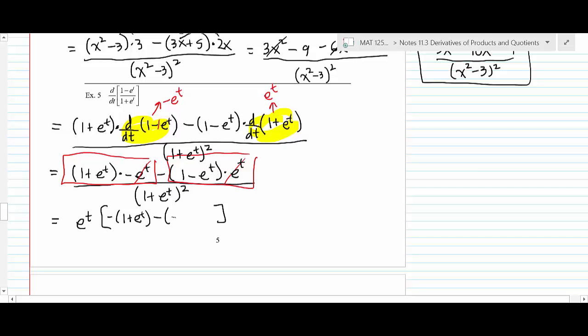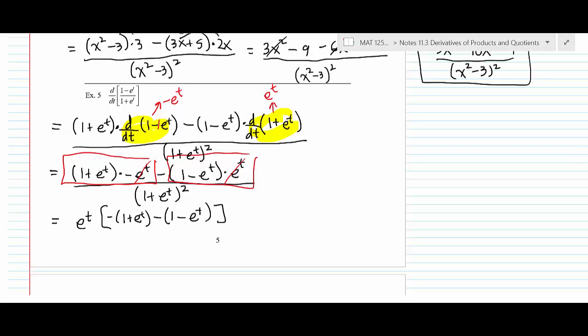And then if you take e to the t out, you have parentheses 1 minus e to the t. All right, so where did that first negative come from? It was already there from that derivative. Okay, so we did that. So what I've done is I've taken the e to the t out. This thing comes down. I just put the negative in front. And then that thing comes down there. Does that make any sense?